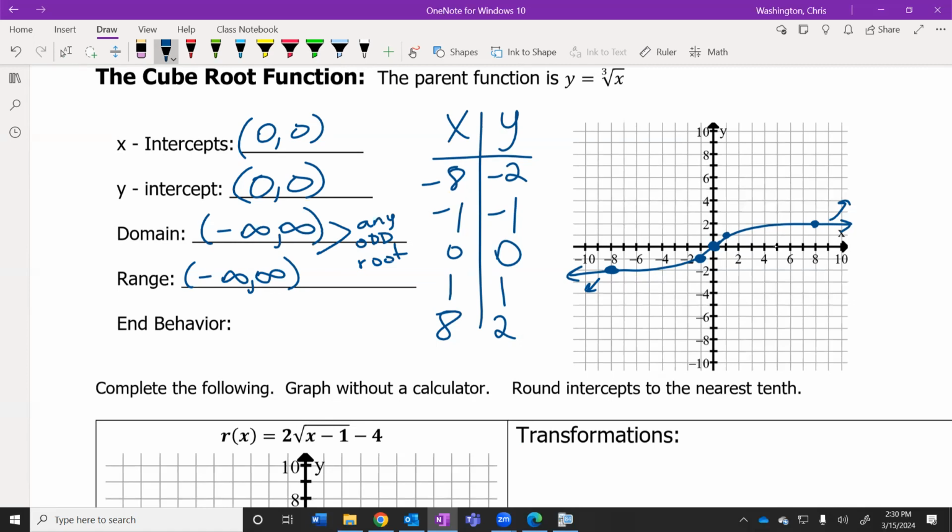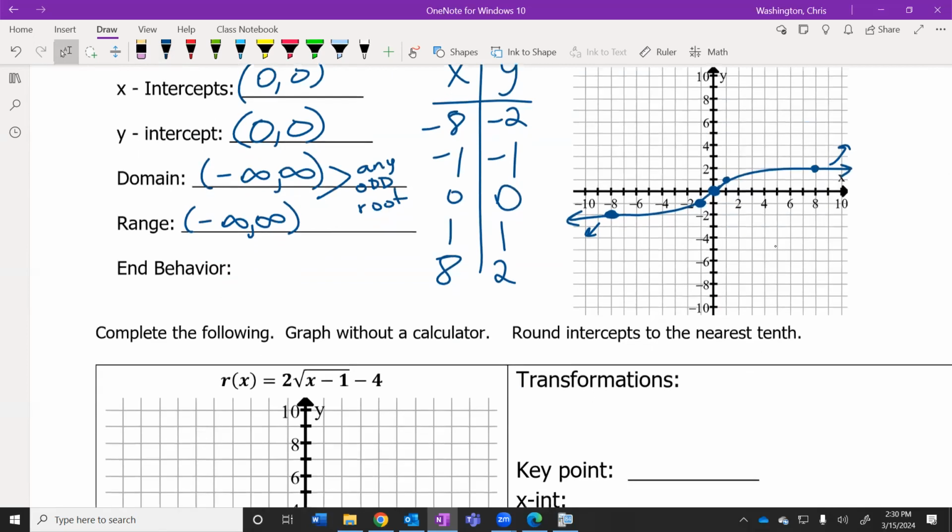The end behavior. Since the domain is -infinity to infinity, when we talk about the end behavior, we're going to do what we did before with quadratics and exponentials: as x goes to -infinity and as x goes to +infinity. We don't have an asymptote that says we can't go any further than that, or a point where we can't go any further left.